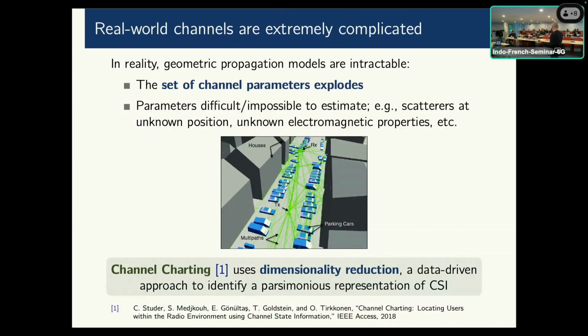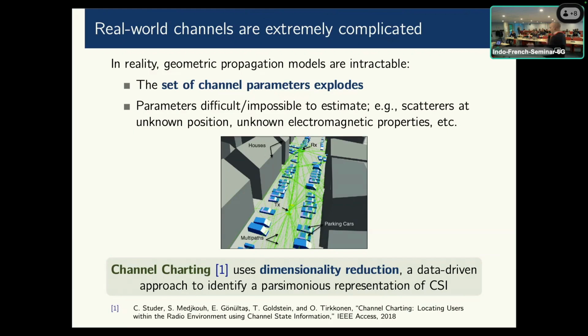I know very little about their position. So if I had a complete description of the scene, I could try and model this, and this is what we do with ray tracing simulators. But in fact, this approach is not really practical if you don't have very accurate prior information about the geometry of the problem.